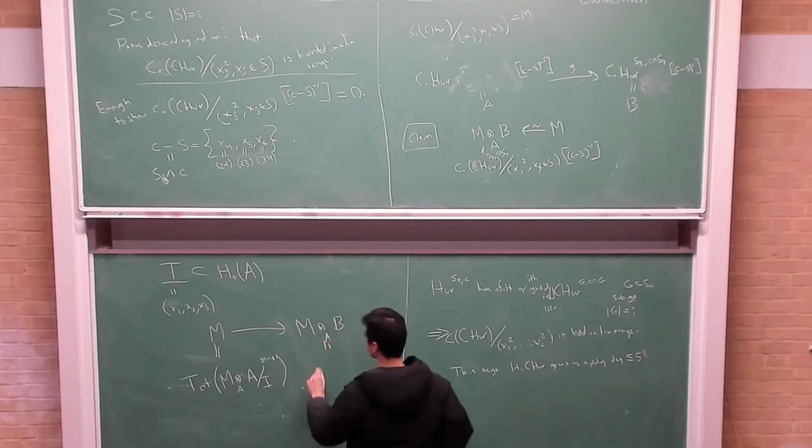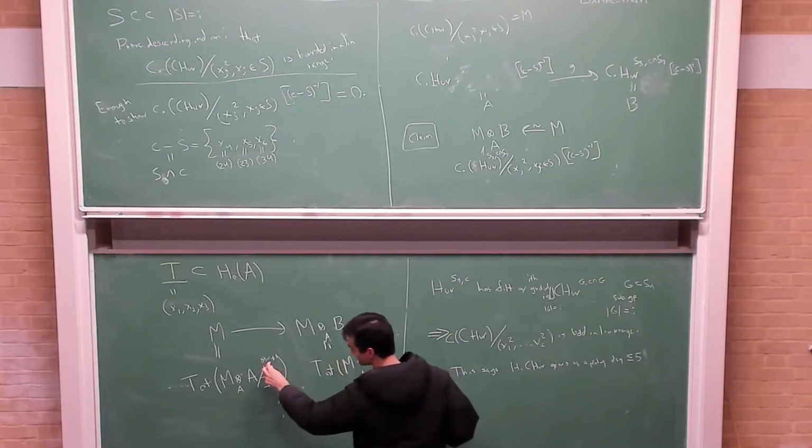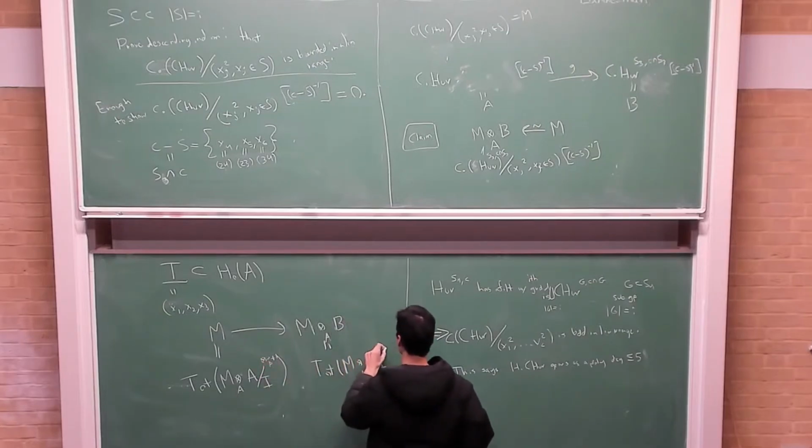And you can write this similarly as the totalization of M tensored over A of tensor powers of B mod this ideal, where you're taking this tensor power relative to A and relative to B. Okay?